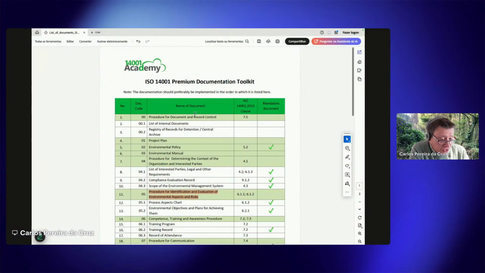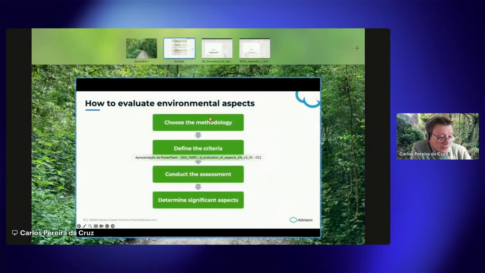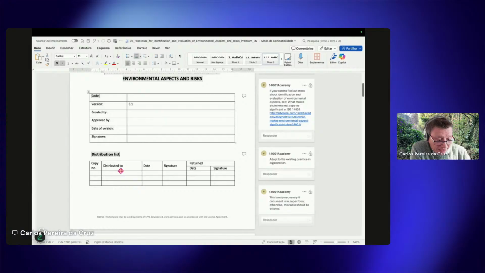We have procedures, forms, and guidelines. I will show you this procedure for identification and evaluation of environmental aspects. And I will show you this guideline for wastewater and sewage management as an example. These documents are Word documents, so they can be customized completely.